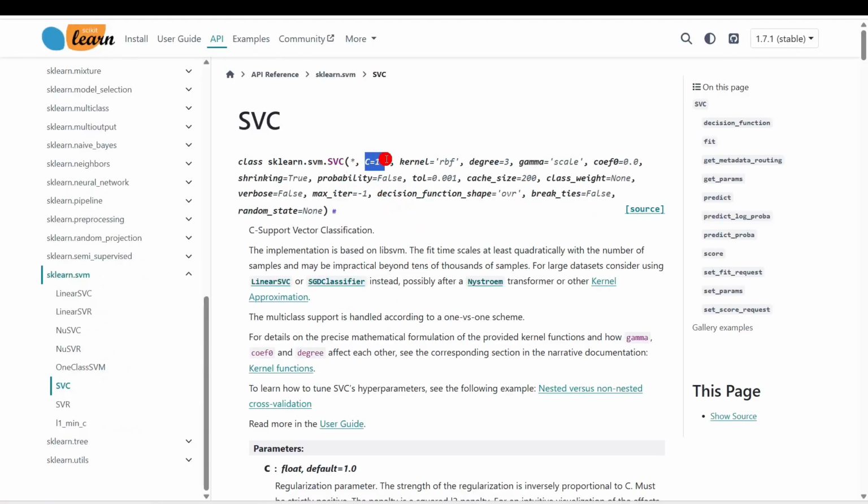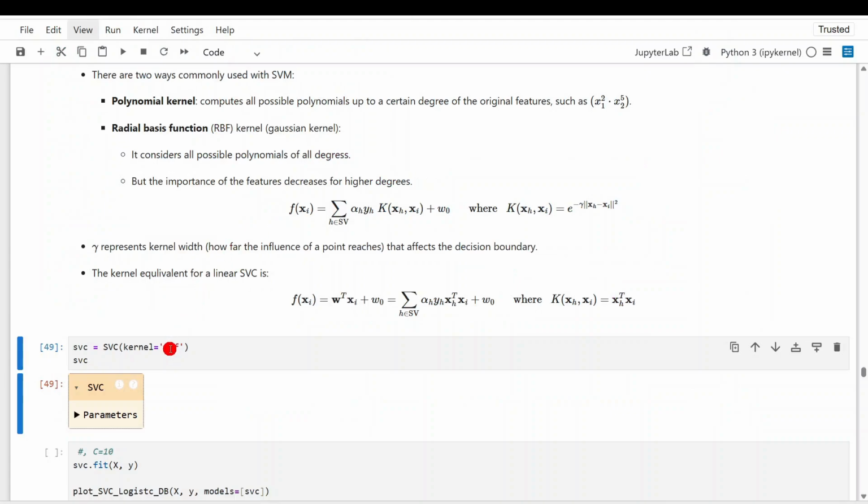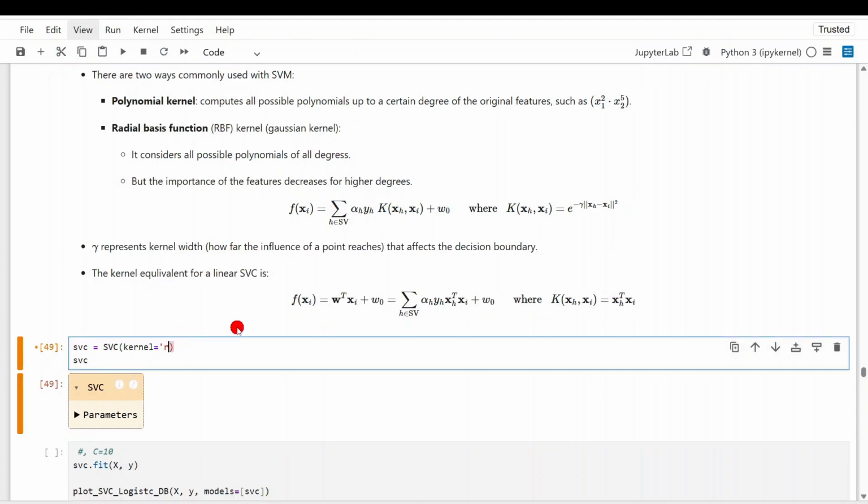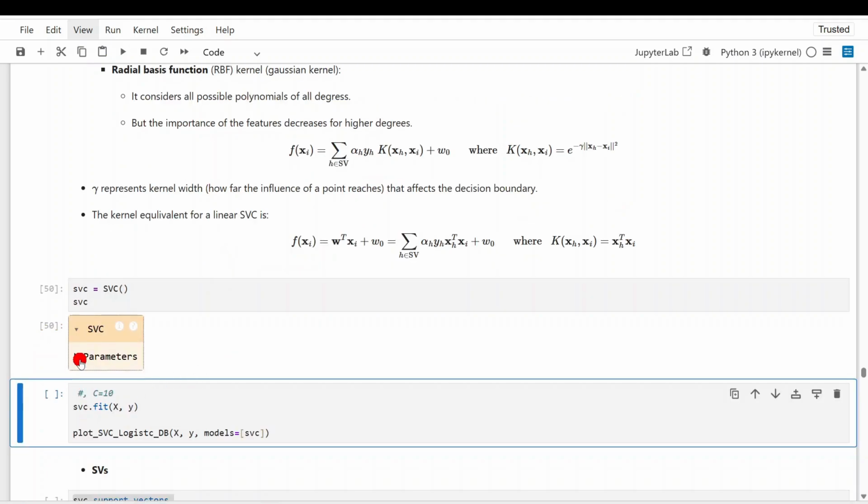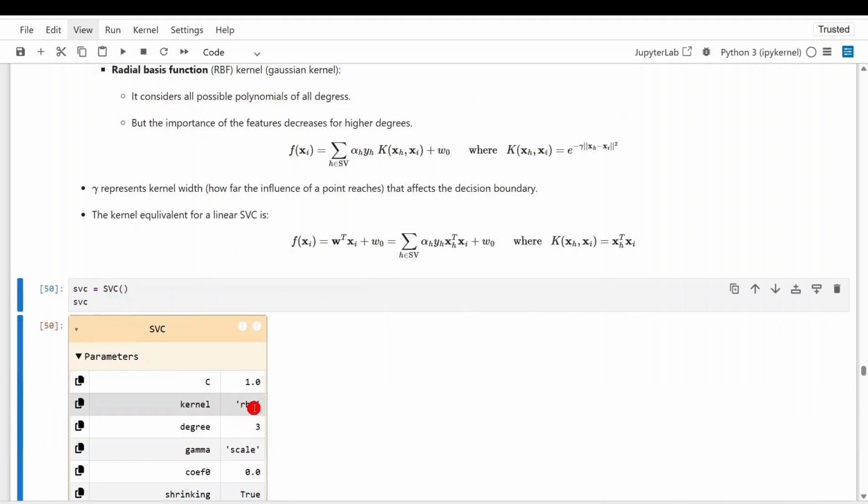Here the regularization parameter is by default 1. The kernel by default is again radial basis function, so I can just ignore this because by default it is radial basis function. I can just declare it like this. So here the kernel is RBF, and the regularization parameter is 1.